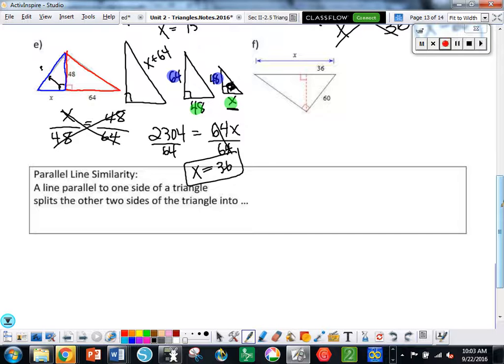So really quick, parallel line similarity is if I have a triangle and two parallel lines. A line parallel to one side of a triangle splits the other two sides of the triangle into proportional pieces.